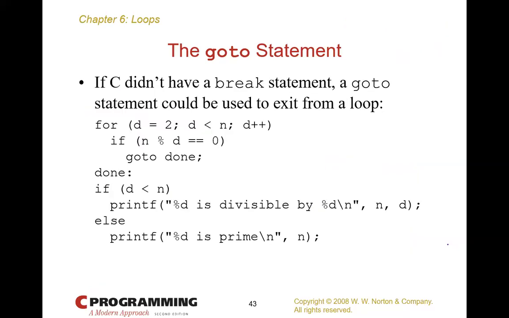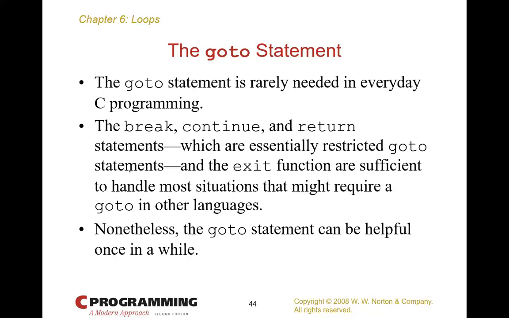If C didn't have a break statement, the goto statement could be used to exit from a for loop. Okay, from a loop, we know that we can just create an empty block and say jump to the place. Or we can move the next part of the code and name it done. All right. So the goto statement is really needed in C programming. We don't always use it because there are other constructs for writing quality programs.